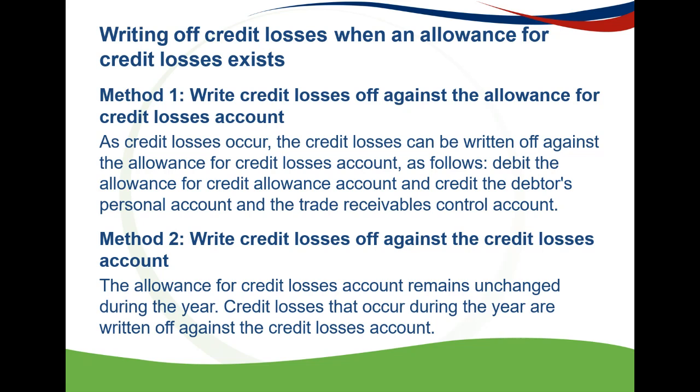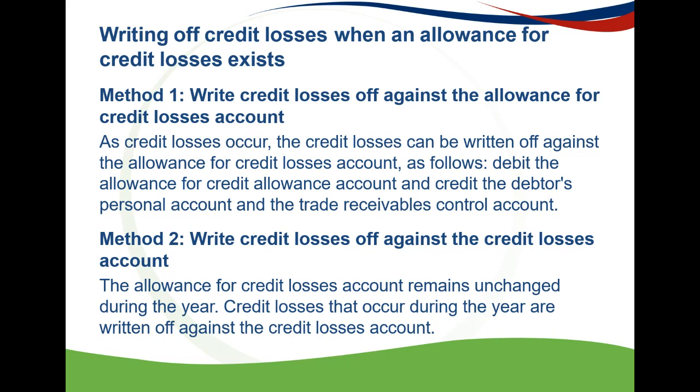Instead of debiting your credit losses account, you debit the allowance for credit losses, and you credit your debtor and the trade receivables control account.